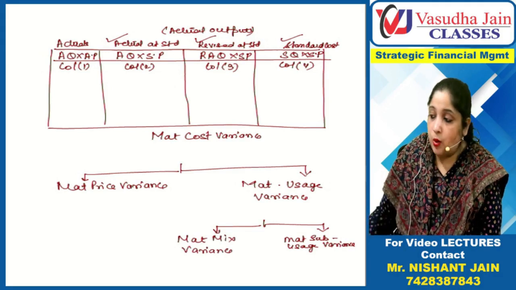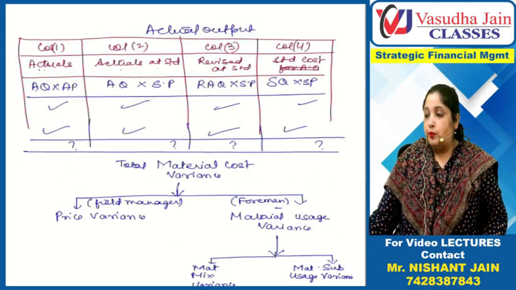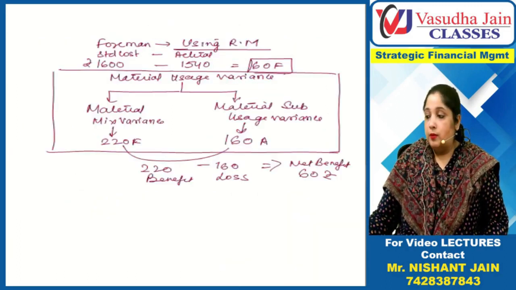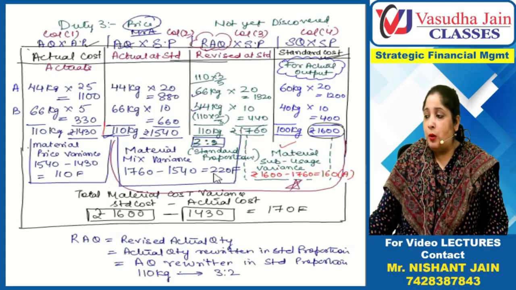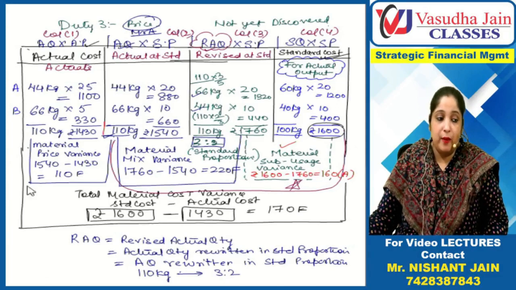Now, how do you compute these figures? Do we have to prepare these rings and calculate, okay, material cost variance is 170 favorable, then material sub usage variance is 160 adverse, 220 favorable, 110?